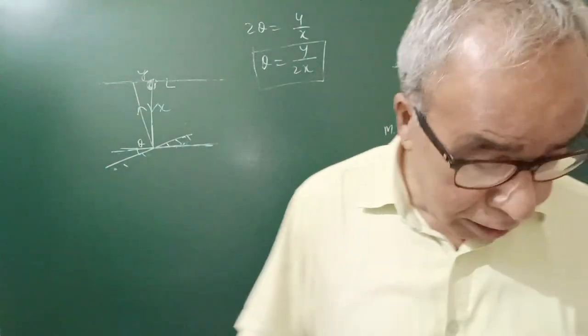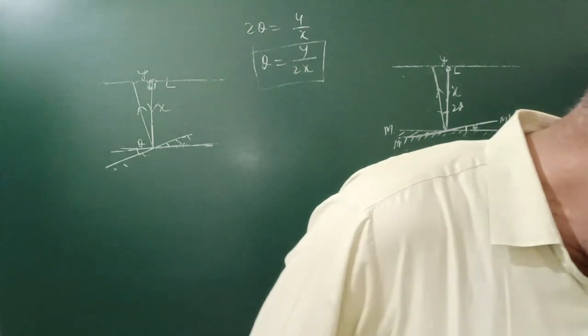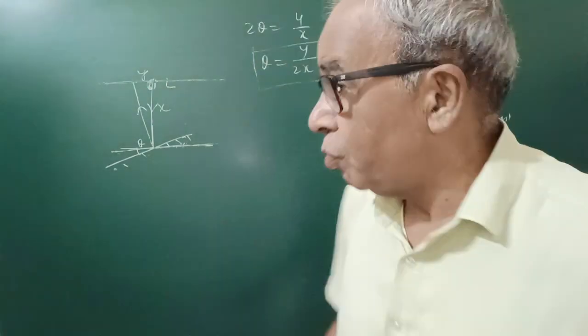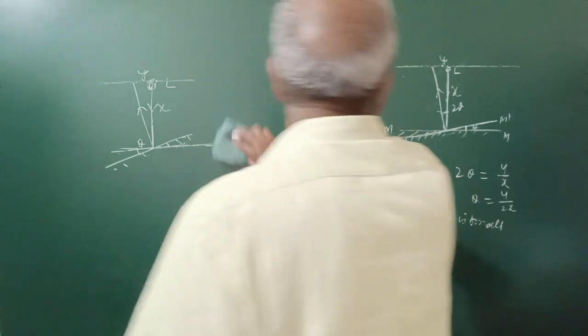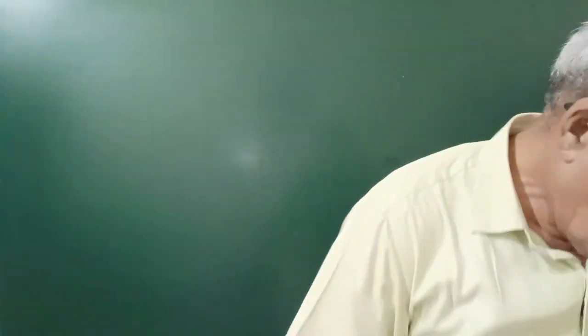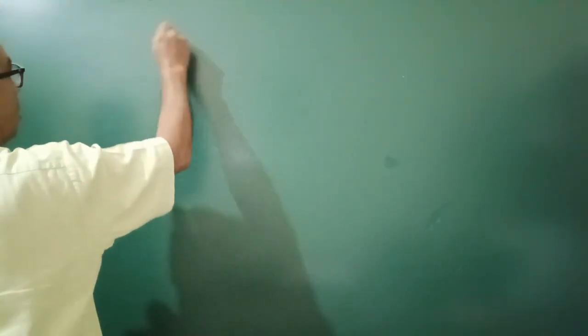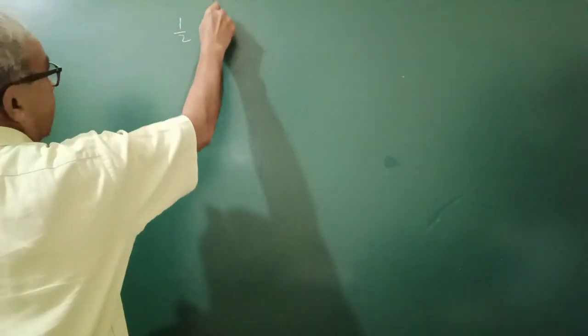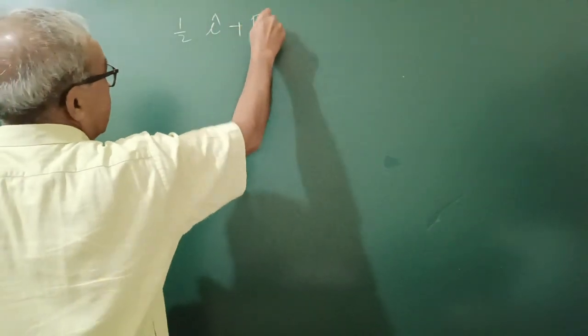Okay, now second question there. Question number 2 is there. A ray of light traveling along the direction half i cap plus root 3 j cap.